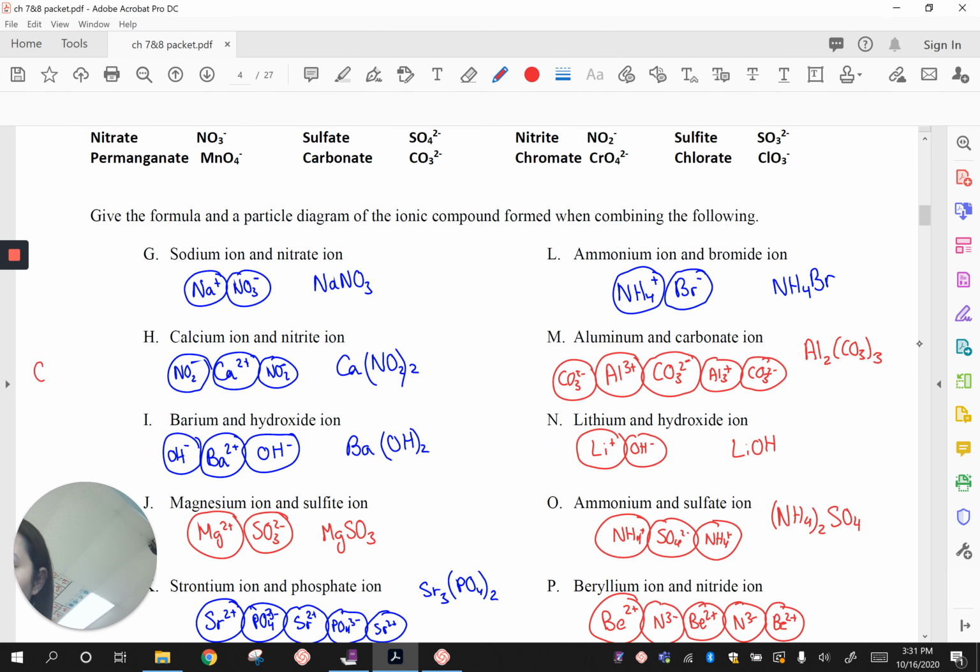So what you do is you write your ions and you crisscross the charges, put them as subscripts, but for opposite. So the 2 plus from the calcium goes with the nitrite. The 1 from the nitrite goes with the calcium. So you get 1 calcium and 2 nitrites. See how it's 1 calcium and 2 nitrites?